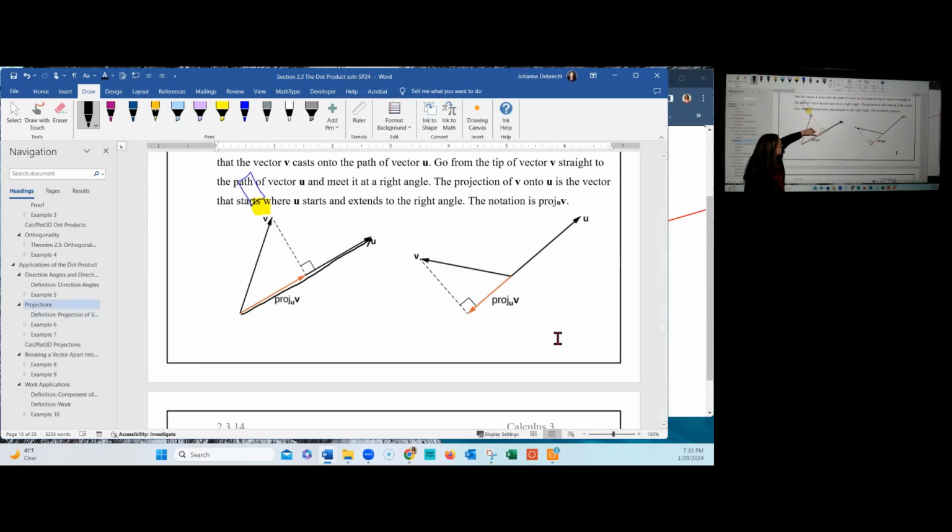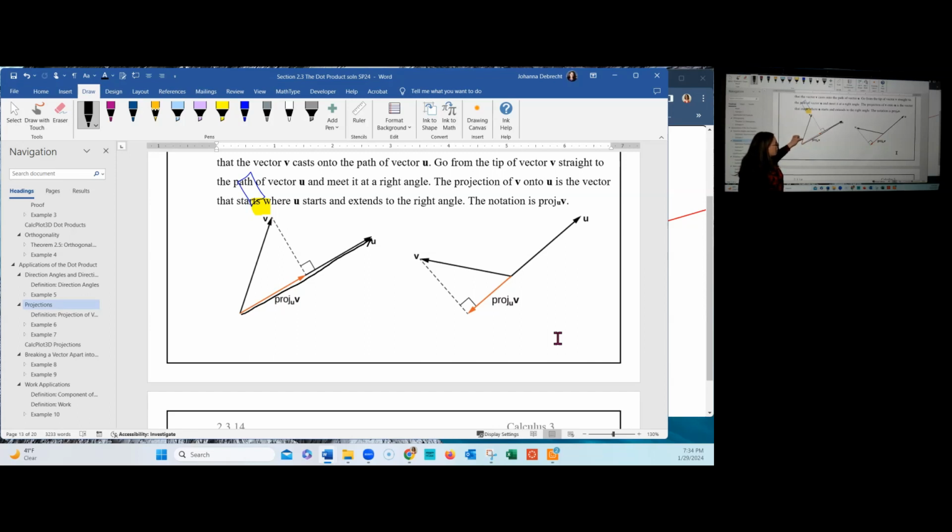The magnitude is the length of this side. If this angle theta is between v and u, then the length of the red arrow is the cosine of that angle multiplied by the length of vector v, which is the hypotenuse of the right triangle.